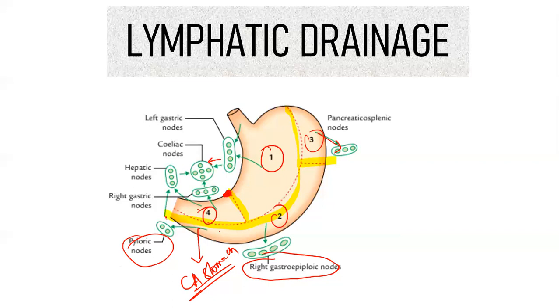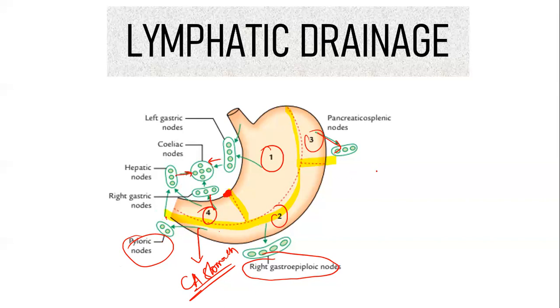And somewhere close to the pylorus region, the lymph is drained to the hepatic nodes. So some lymph gets to the right gastric nodes, some gets into the hepatic nodes. Whatever lymph is drained by the pyloric nodes again communicates to the hepatic nodes. From the hepatic nodes, it gets to the celiac nodes.